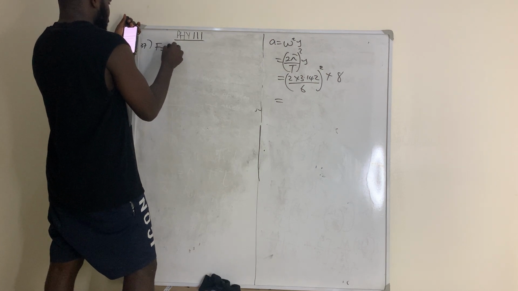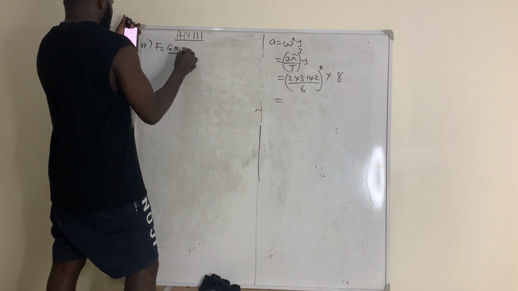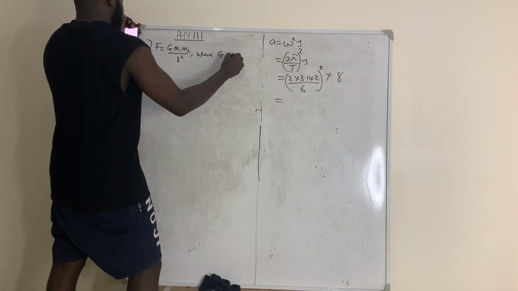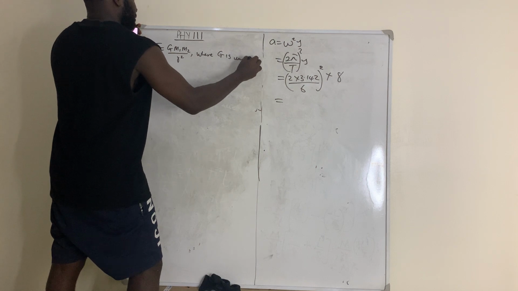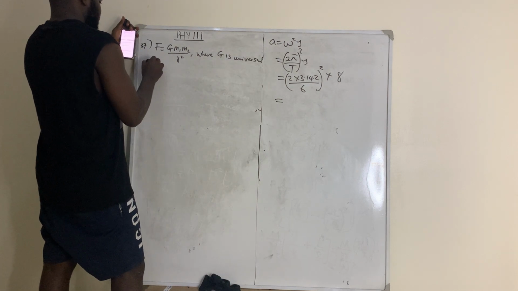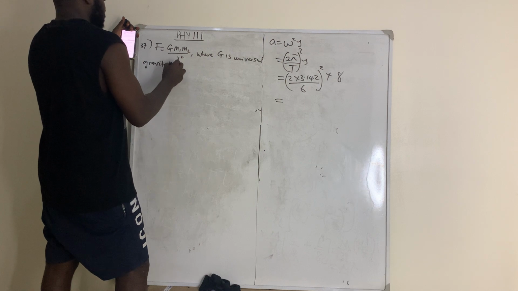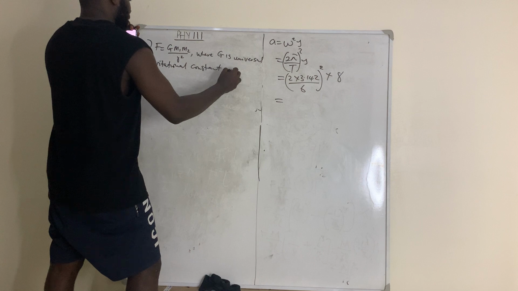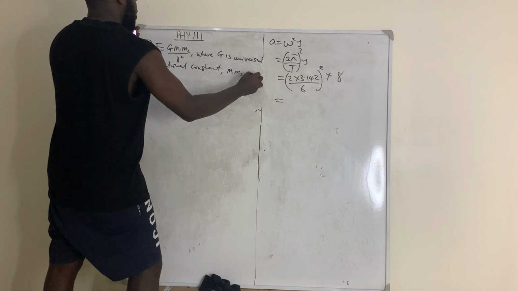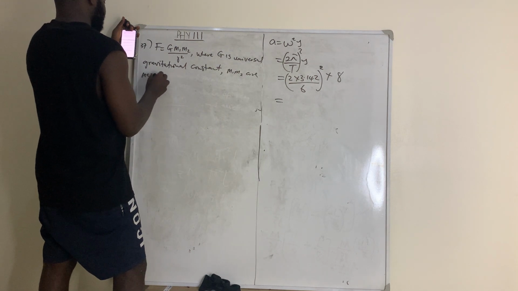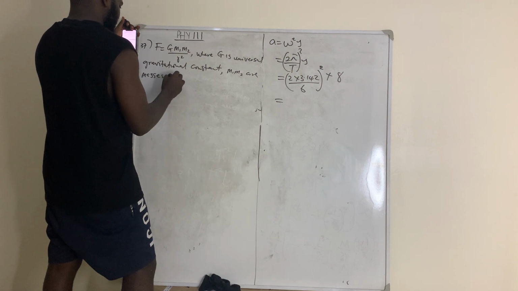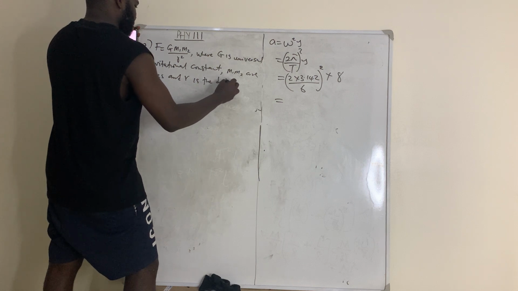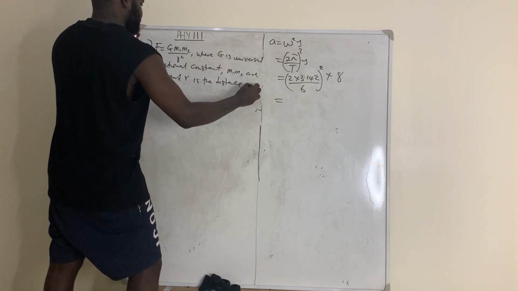F is equal to G M1 M2 over R squared, where G is universal gravitational constant, then our M1 and M2 are masses, and our R is the distance apart.